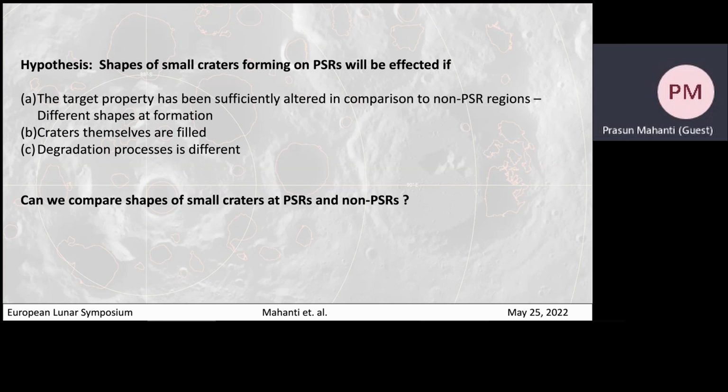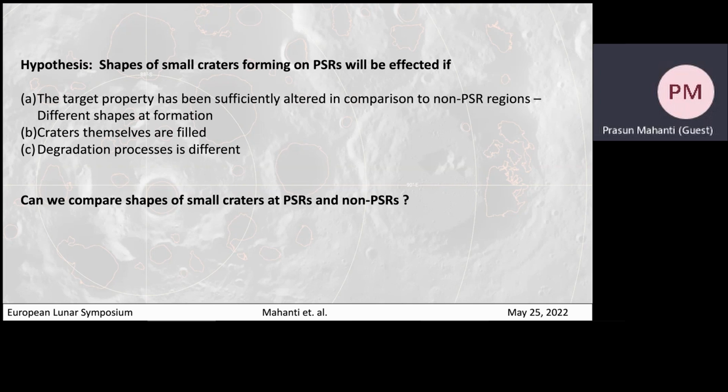Again, after forming, maybe they get filled by whatever is there. And later on, the degradation processes may be different, which again changes their shape in a very different way. So the question that we are trying to get to here is, can we compare the shapes of smaller craters at the PSRs and non-PSRs?